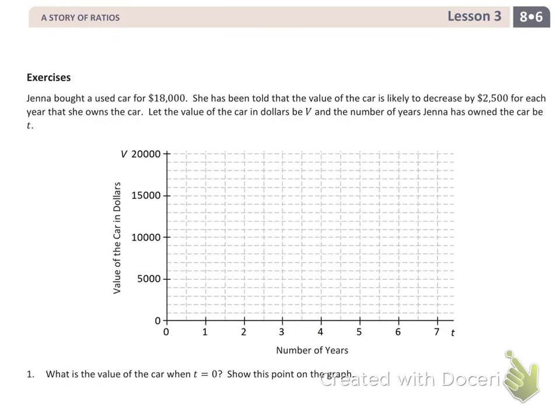So you're really going to have to use the change in the horizontal axis and compare it to the change in the value of the car carefully. You can't just count off squares. So just be aware of that. Okay, so go ahead and work on this, and then come back and we'll check answers together.